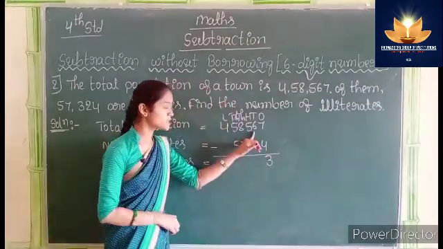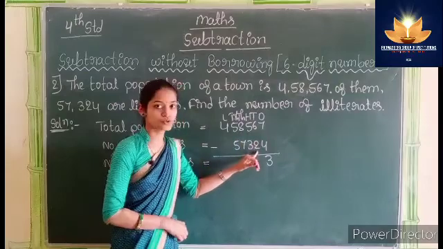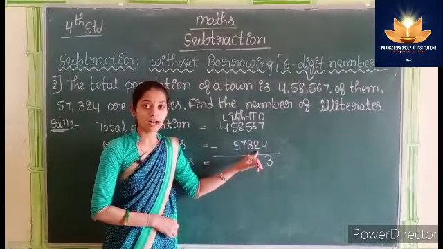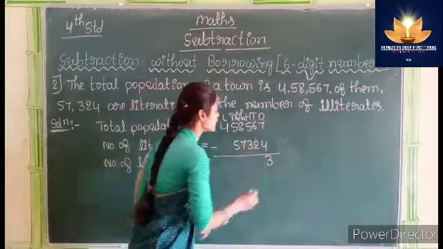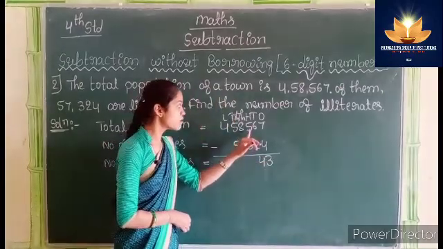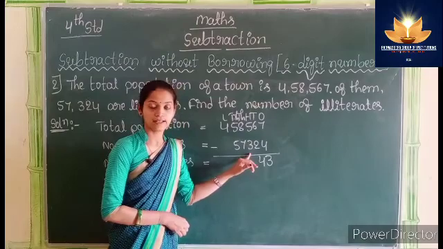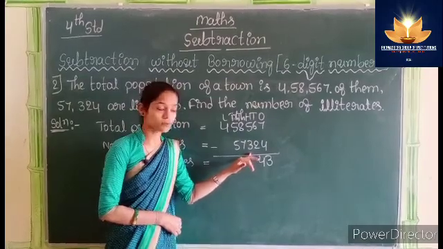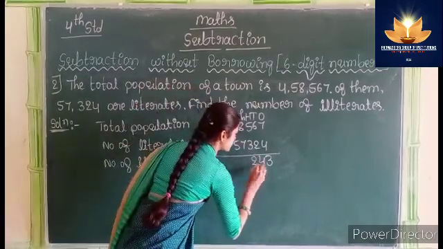Then tens place subtraction, 6 minus 2 that is 4 and that 4 should be written in tens place. Then hundreds place subtraction, 5 minus 3 that is 2 and the 2 should be written in hundreds place.